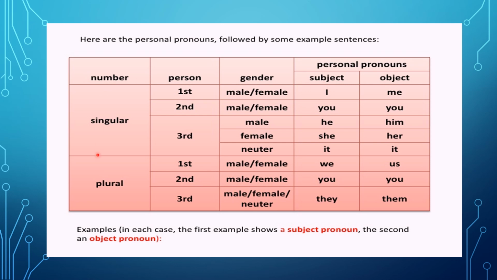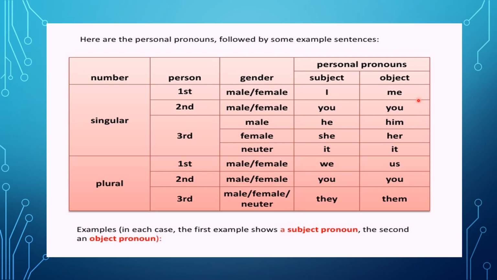So let's try to understand. Personal pronouns depending upon the number, singular, person, first person, gender, male, female, subjective or subject, I, object, it is me. So you either say subjective pronouns or objective pronouns, but they are personal pronouns only.